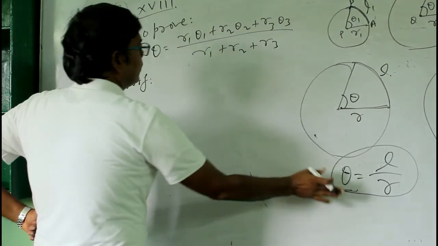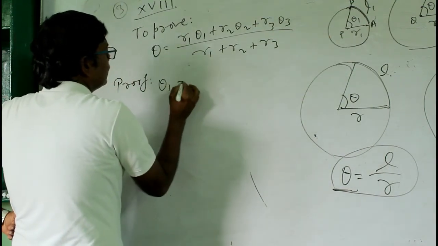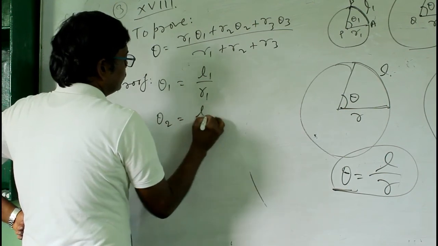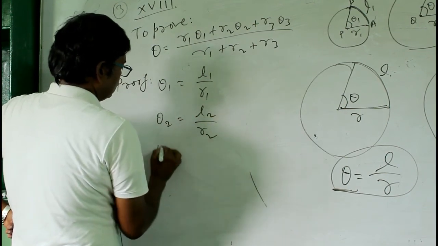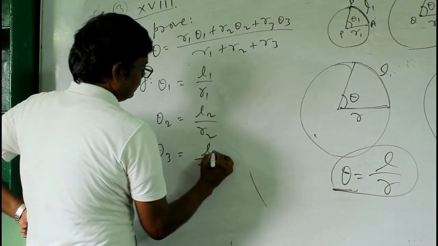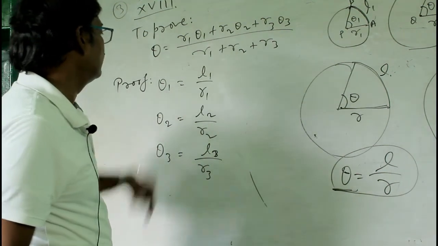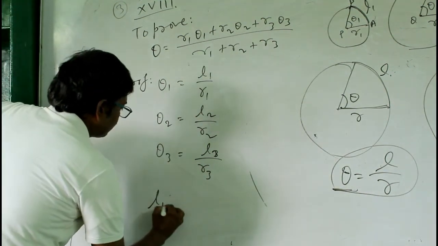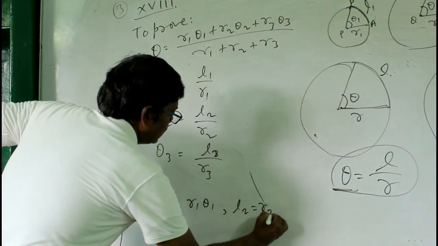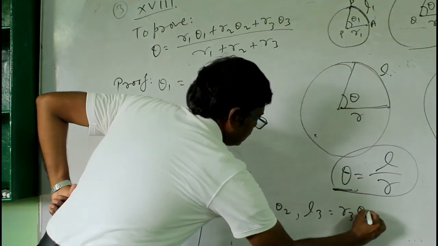First use this formula, because from this figure this is given. So you can write theta 1 equal to L1 by R1, theta 2 equal to L2 by R2, and theta 3 equal to L3 by R3. Now you can find L1: L1 equal to R1 theta 1, L2 equal to R2 theta 2, and L3 equal to R3 theta 3.